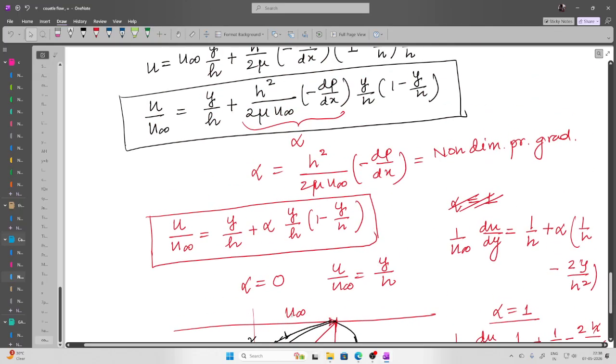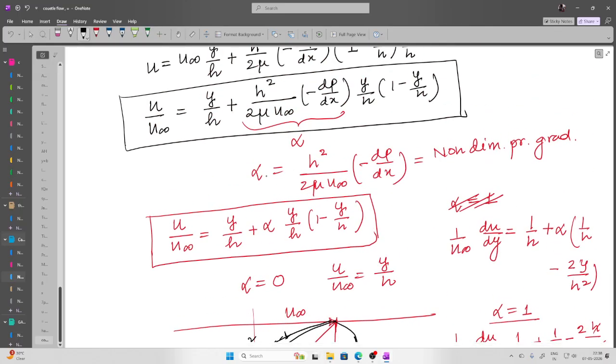But the moment alpha becomes negative, let's say minus 1, this term is becoming positive, so the pressure gradient is becoming positive.